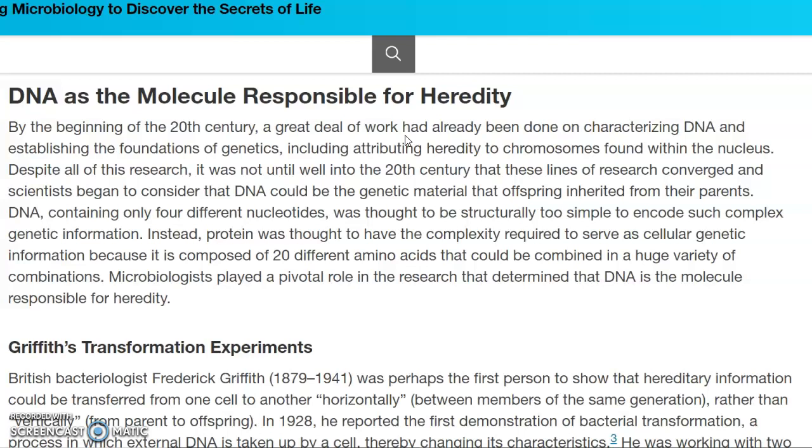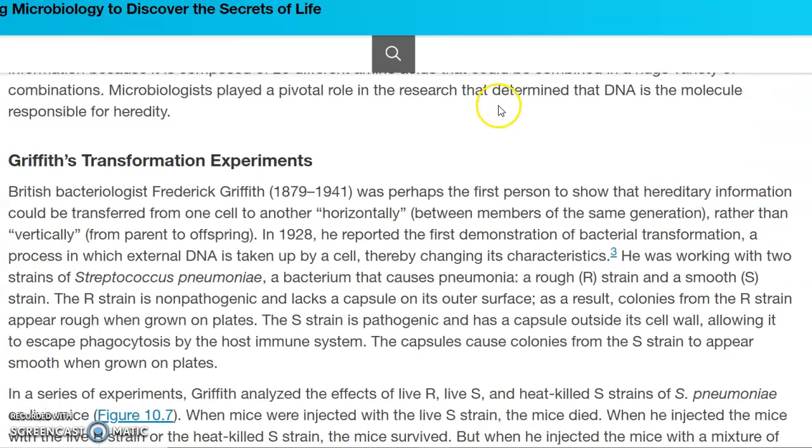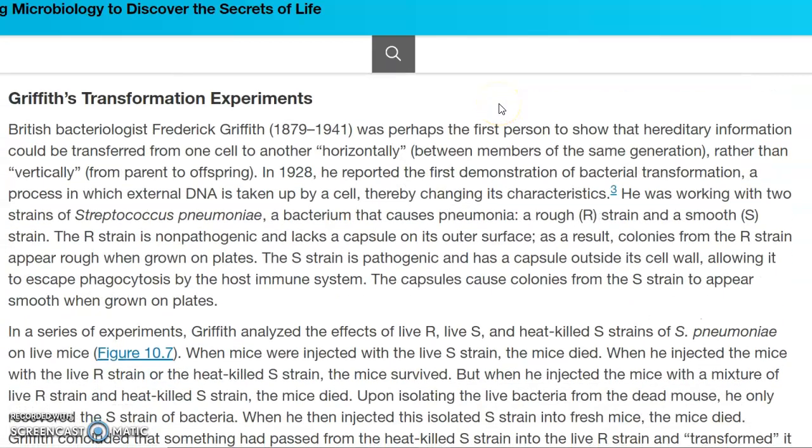There were 20 different amino acids that we had discovered, and so we knew that there was a wealth of information contained within proteins. And so the idea was that proteins were the genetic material. So along comes Frederick Griffith, who was a bacteriologist, and he was the first to show that genetic material could be transferred horizontally, meaning between members of the same generation and not just vertically, like parent to offspring.